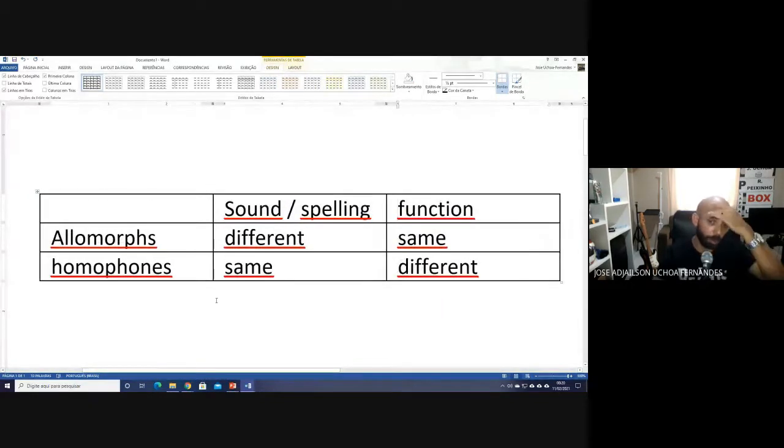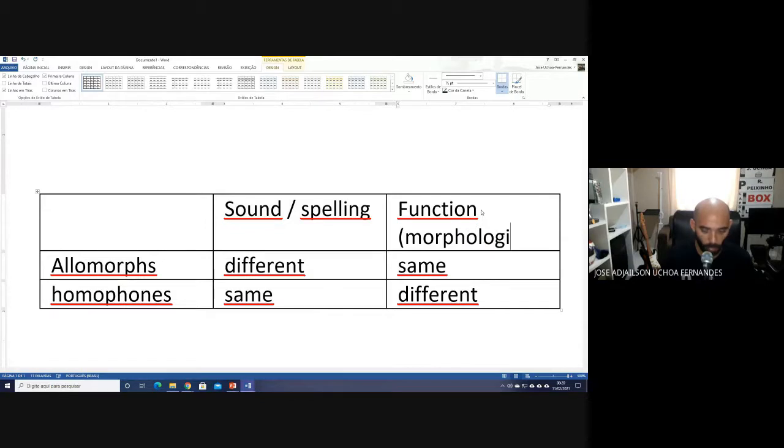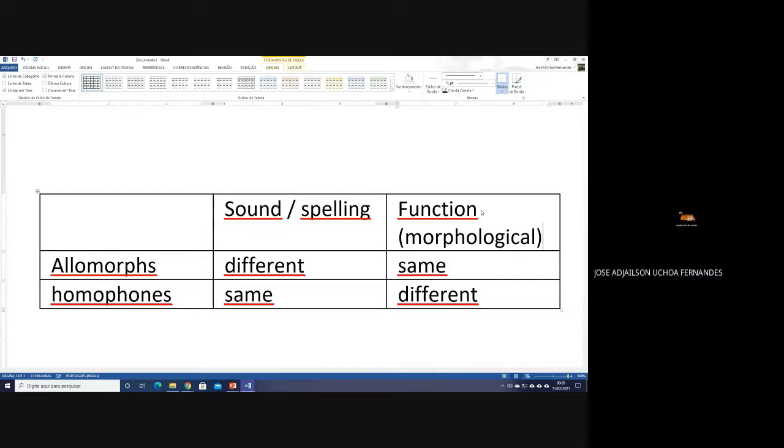Is it clear for you? And when I mean function, of course, I mean morphological function. If it transforms the word into an adverb, if it will put the word in the plural, if it's used to give the idea of third person singular, this is all what we call function.